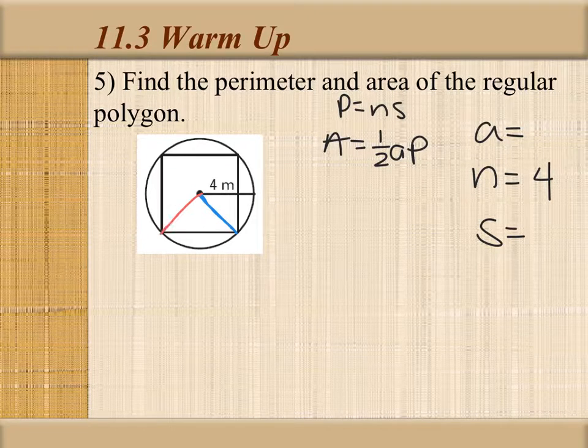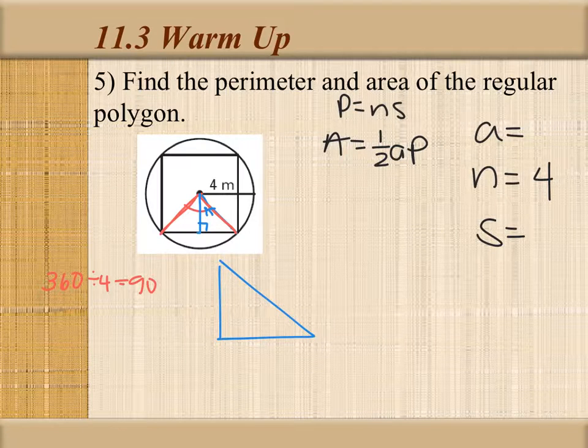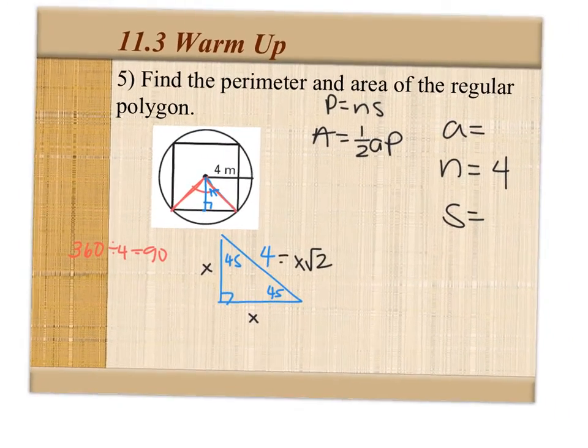So if I were to draw the central angle, 360 divided by 4 is 90. That's this whole thing. Cut it in half with the apothem, and it's 45. Good. So the radius is 4. This is 45, 45, 90. So with a 45, 45, 90 triangle, my sides are A, A, and A root 2. I'm going to make them X just so we don't confuse them with our apothem.